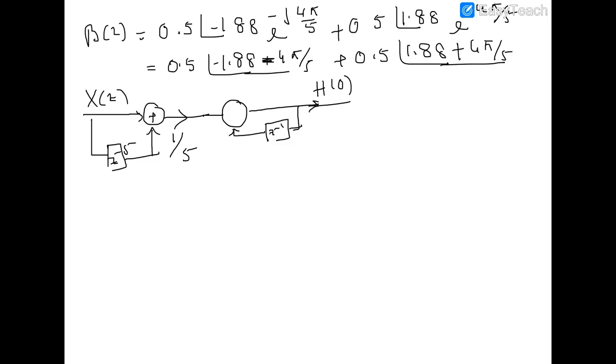Then the next one is going to be of A1 and B1. It's a double pole.